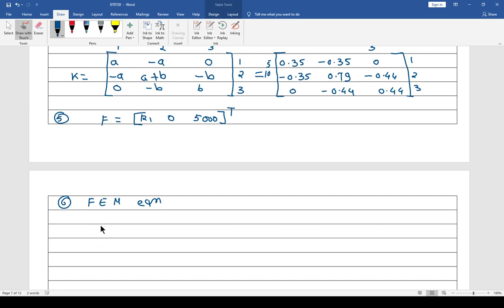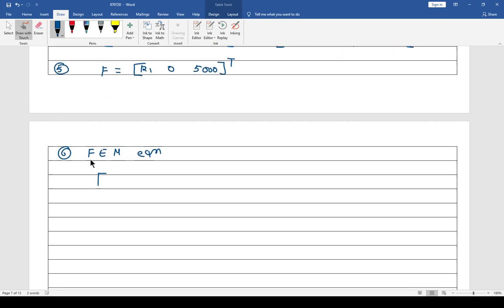So my K will be 0.35, minus 0.35, 0, minus 0.35, 0.79.